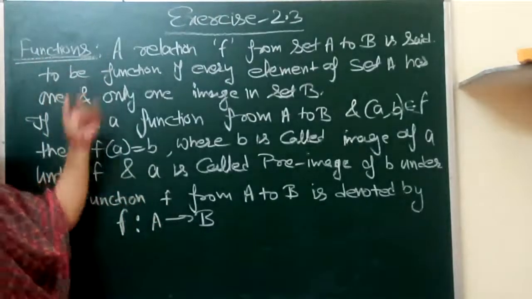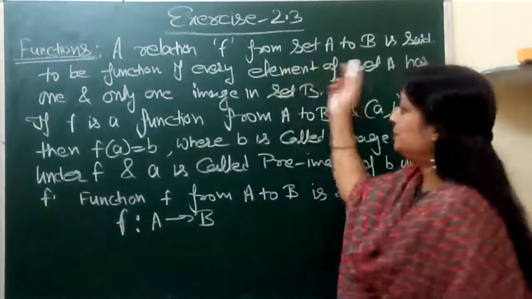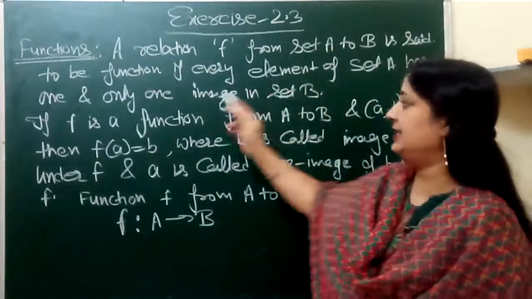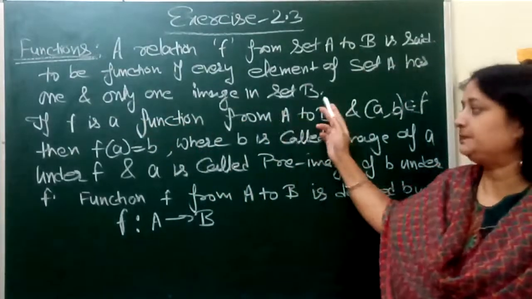So the definition of a function is: a relation f from set A to B is said to be a function if every element of set A has one and only one image in set B.